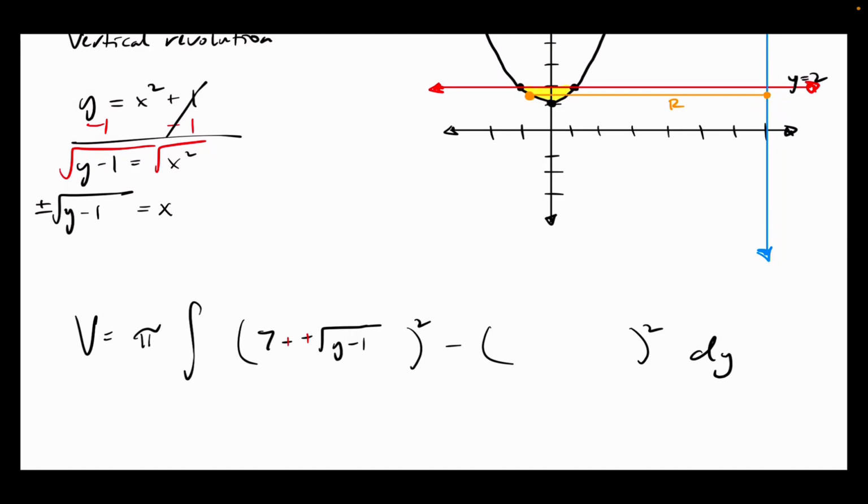Because on this side, the x's are negative. On this side of the y-axis, the x's are positive. This yellow or orange dot extends to the left side of the y-axis. That's where x is negative.